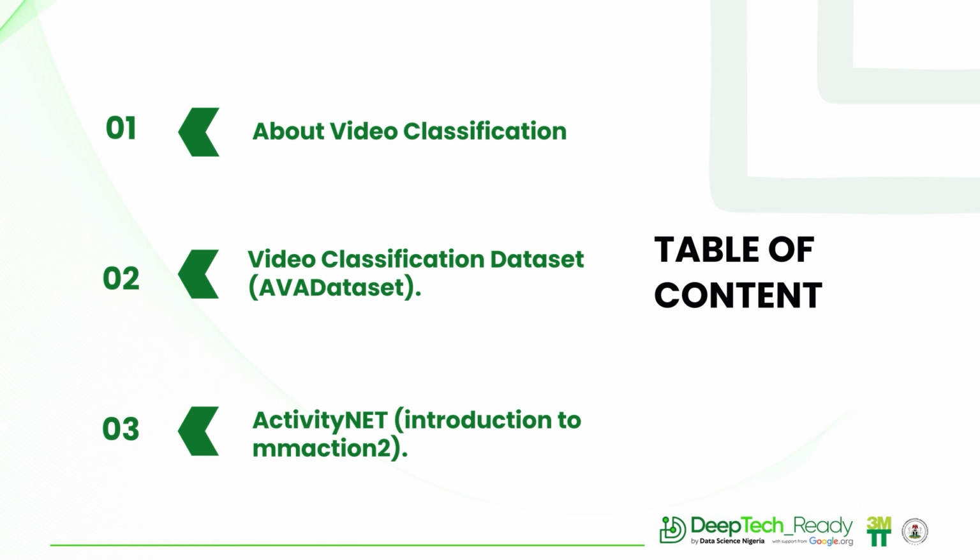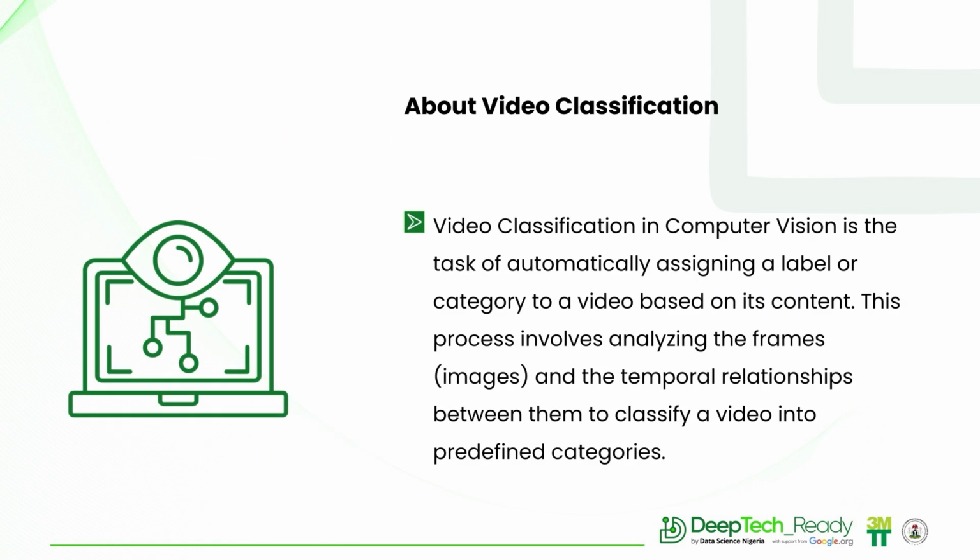Alright, so what exactly is video classification all about? Just like we have in image classification, we also need to talk about video classification. Video classification in computer vision is the task of automatically assigning a label or a category to a video based on its content.